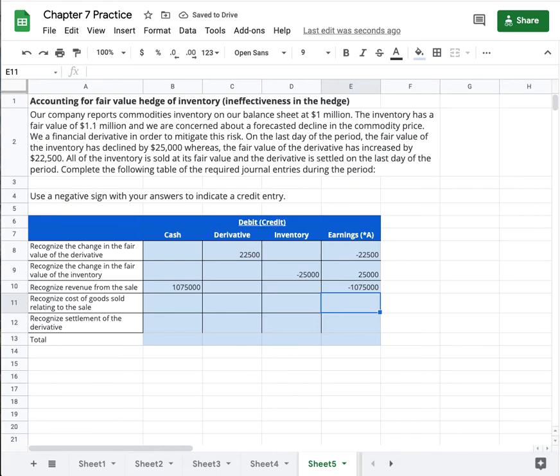Then recognize the cost of goods sold relating to the sale. And so that's going to be our inventory and earnings here again.